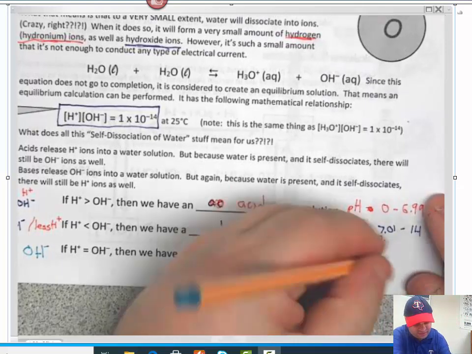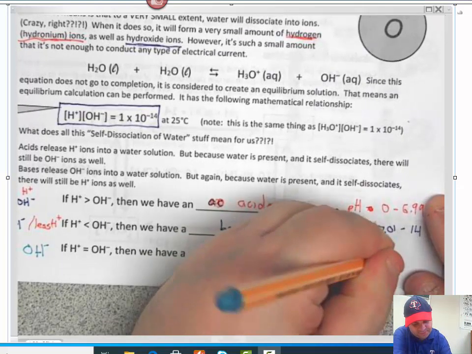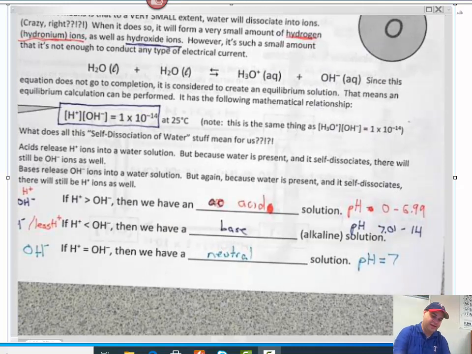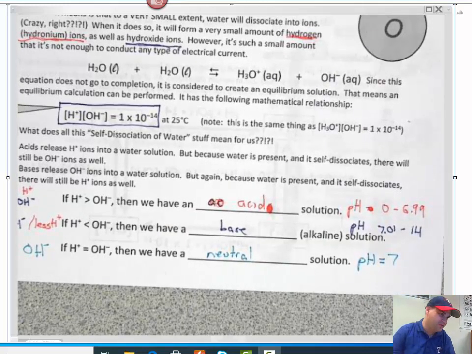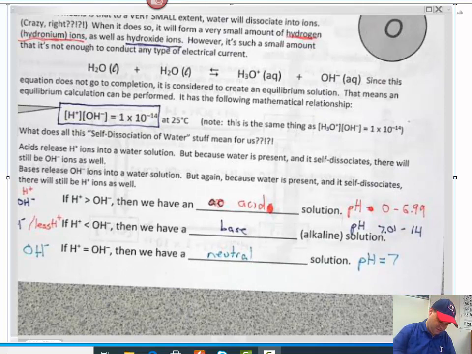And my neutral solutions have a pH of 7. You can calculate out the amount of H plus and OH minus based off of the pH values. We're going to show you how to do that in a little bit. On to the next page.